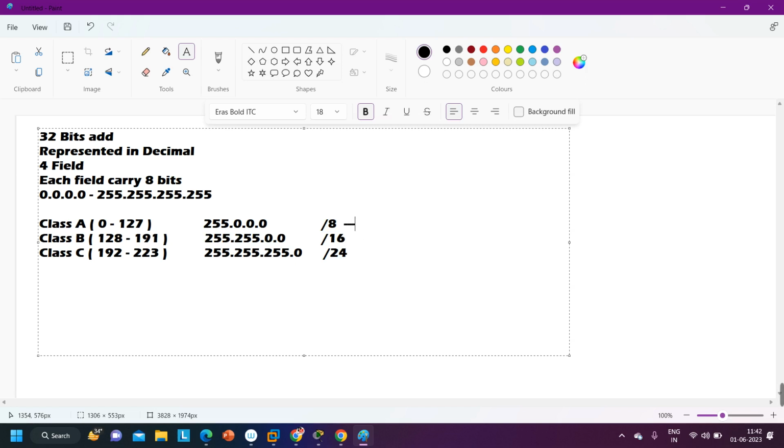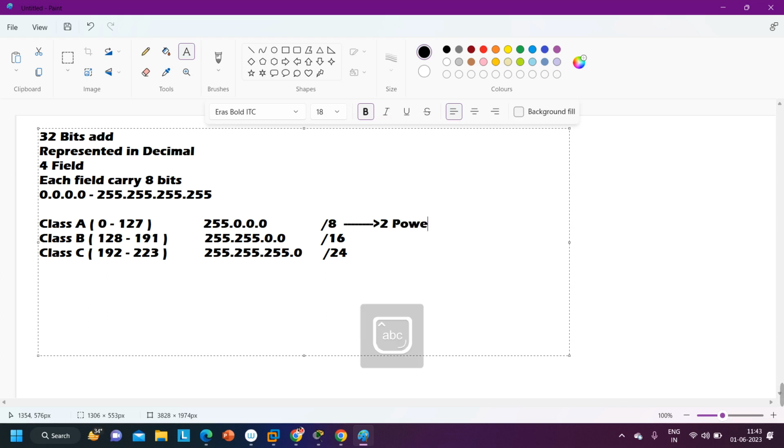As you know, we have one formula to calculate the number of subnetworks. So tell me what will be the number of subnetworks for class A? 2 power n. N is the number of borrowed bits.